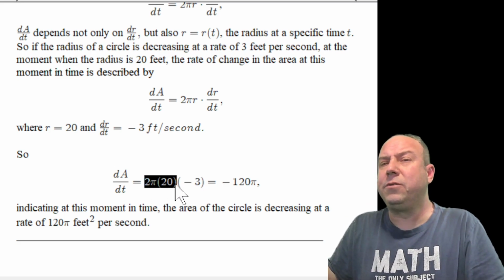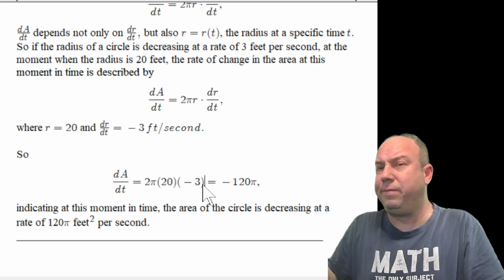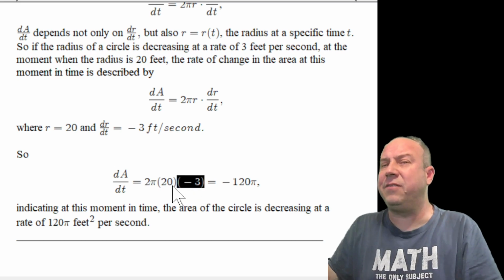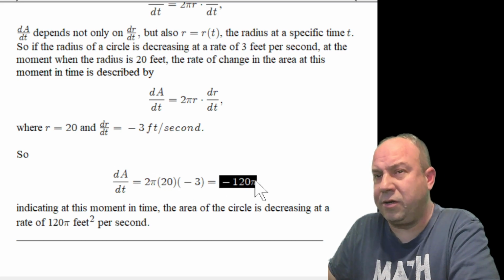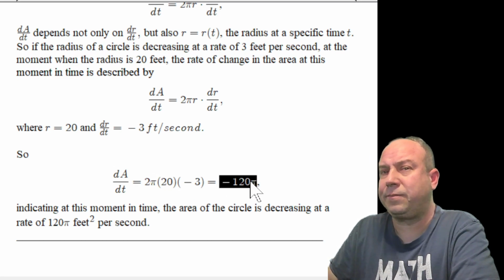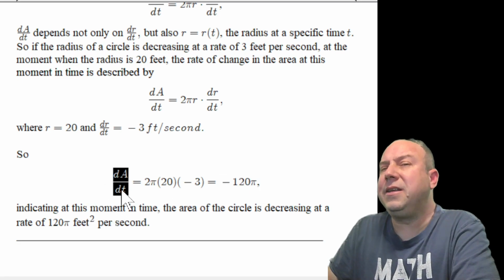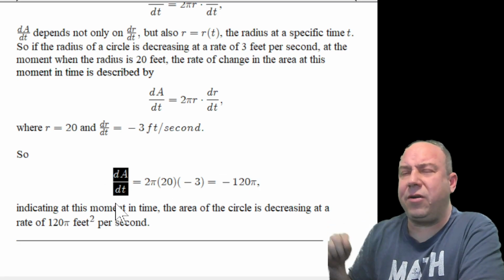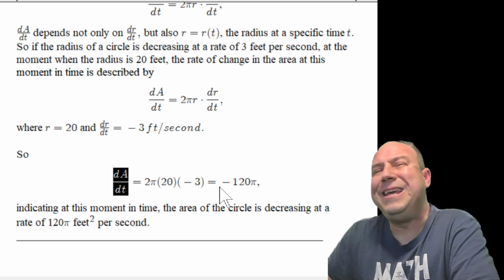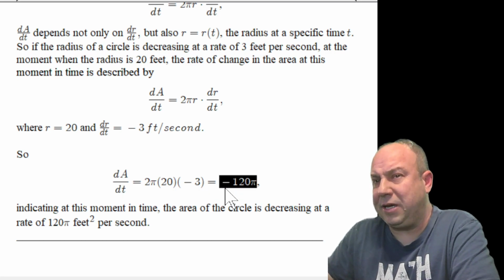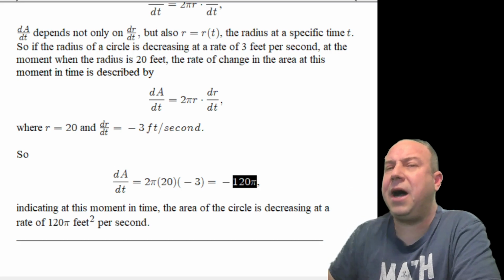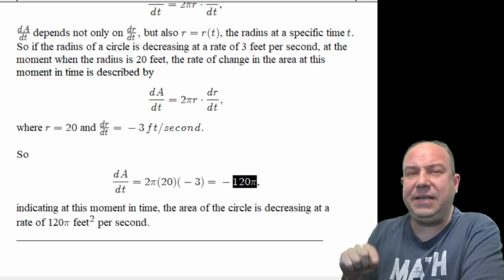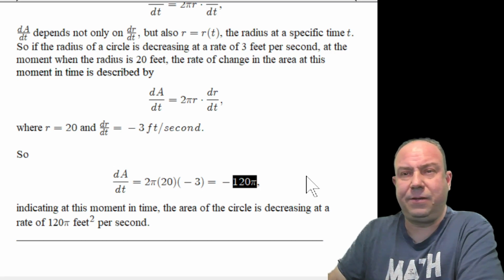Well, 2 times 20 is 40. 40 times -3 is -120. Times this pi gives us -120 pi. Indicating that the area is decreasing, because of the negative, by 120 pi square feet per second.